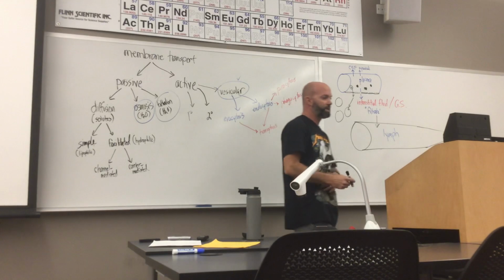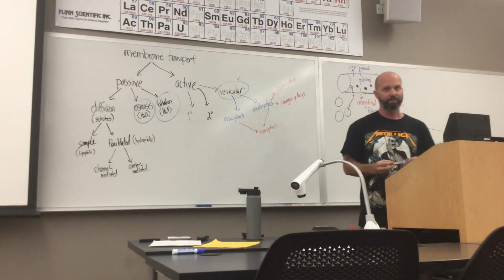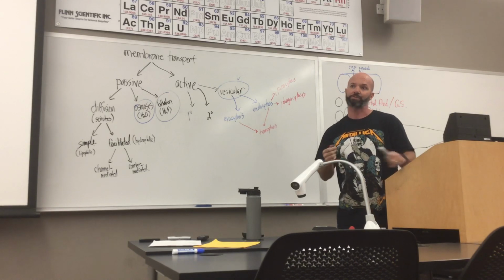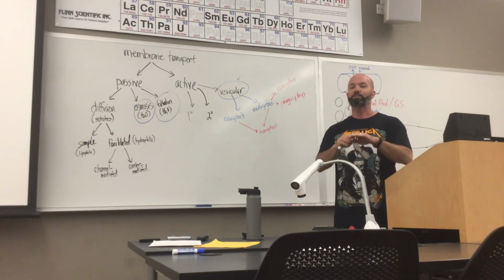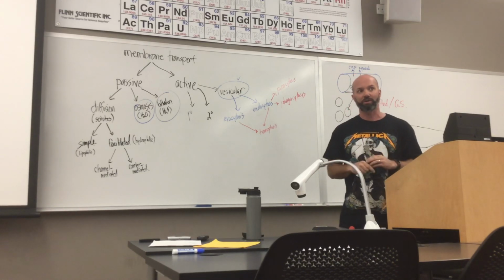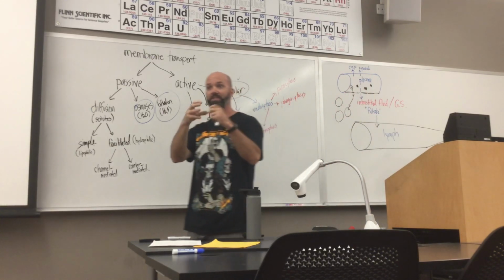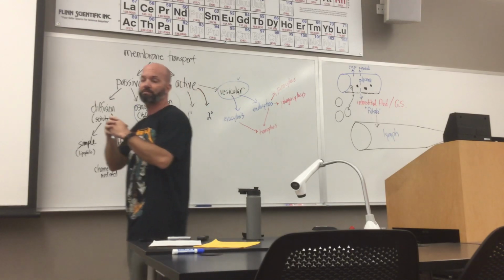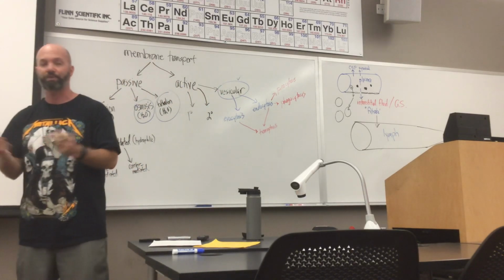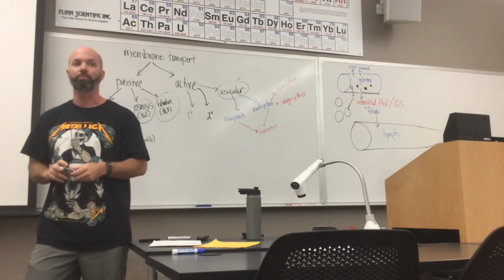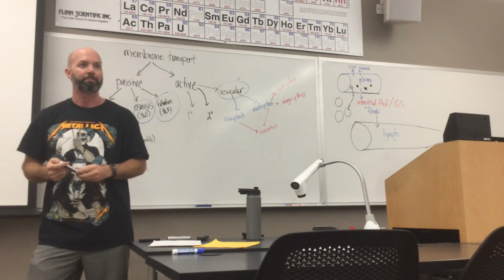You'll see that when the cell is infected or mutated, it starts displaying abnormal proteins on the surface of its cell. The immune cell comes along and sees these abnormal proteins and says, you don't belong, and so I'm going to destroy you.